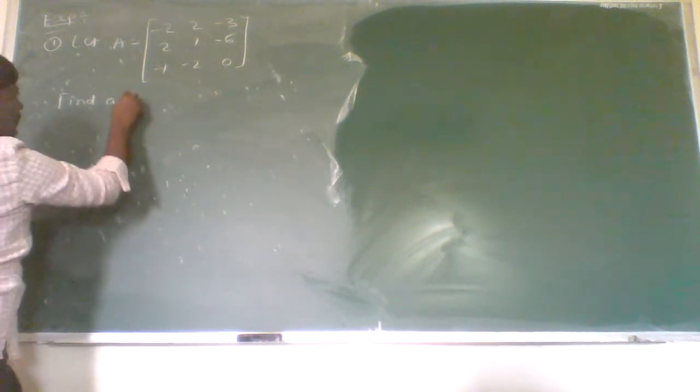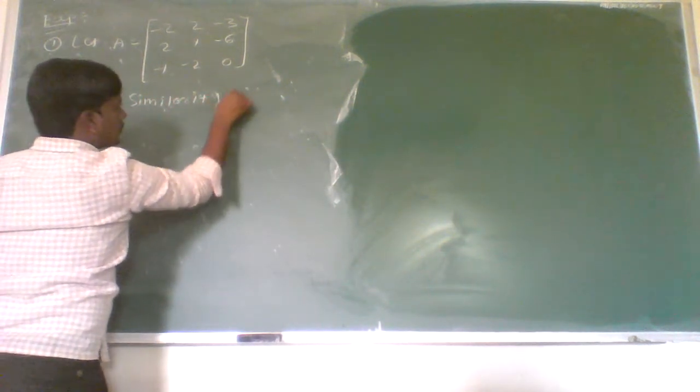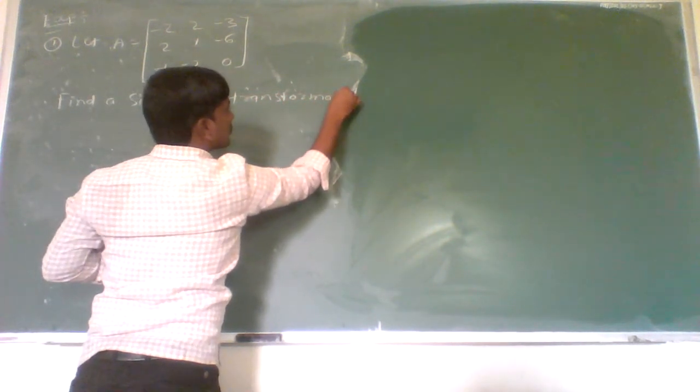Find the similarity transformation that diagonalizes this matrix. So here we have to find the matrix P.